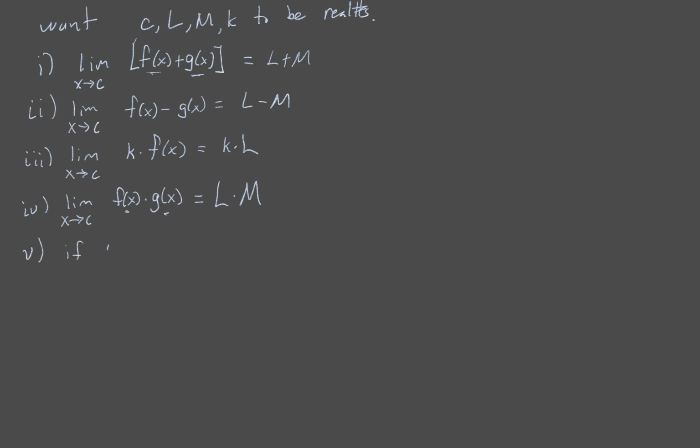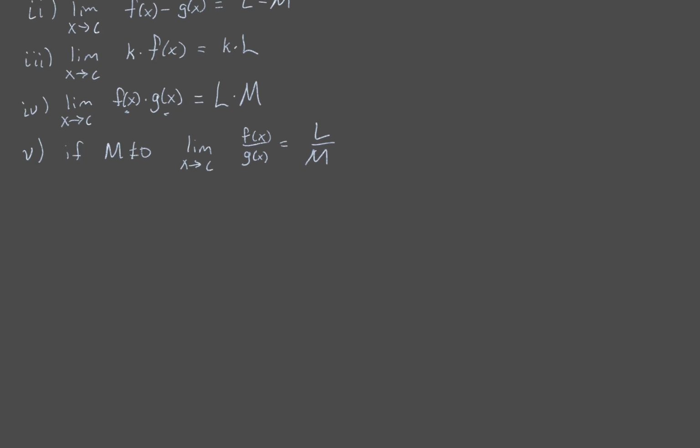If m is not equal to 0, I should be able to divide by it, and that is the case. The limit as x gets close to c of f of x divided by g of x should get close to L divided by m. With that repeated multiplication, we can do powers.